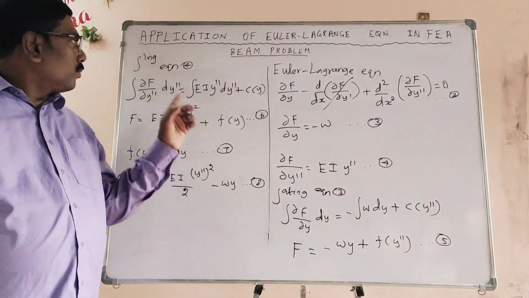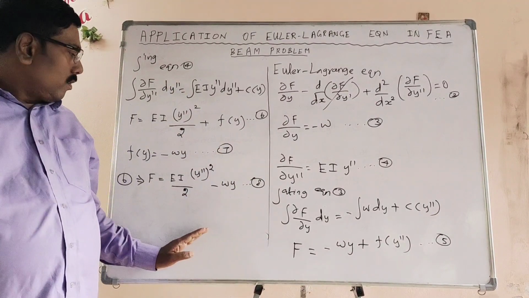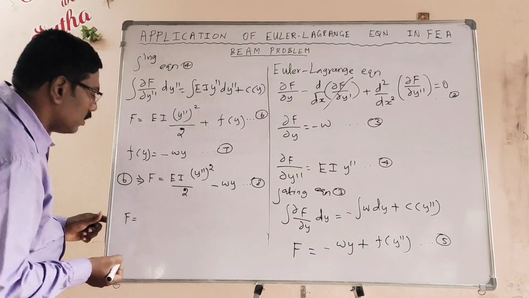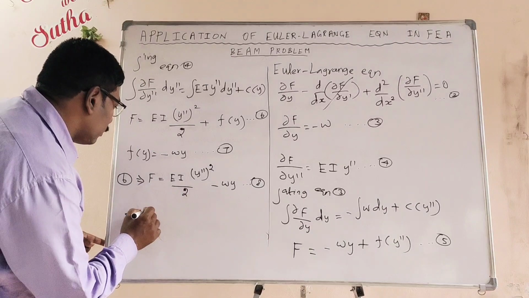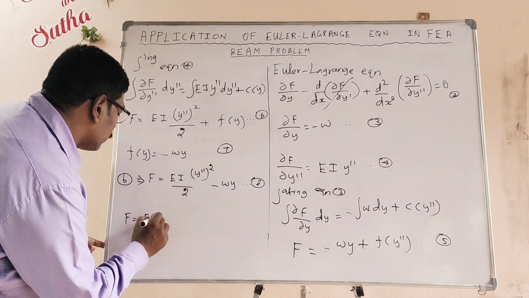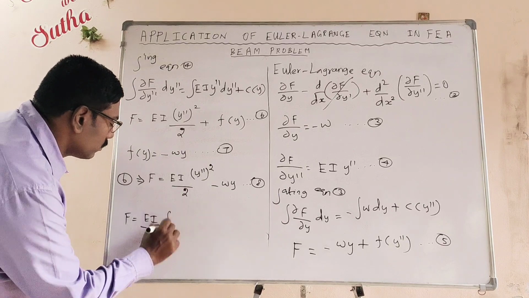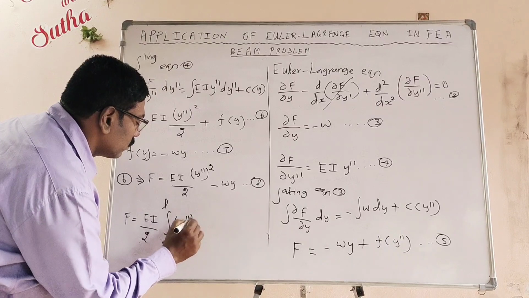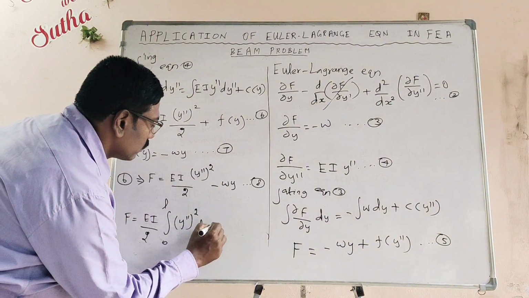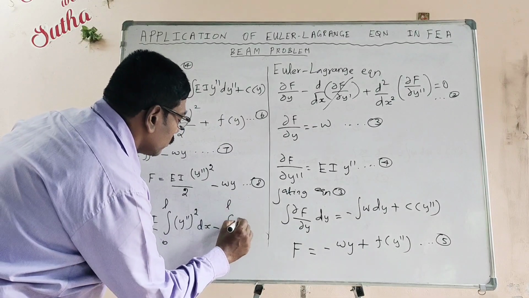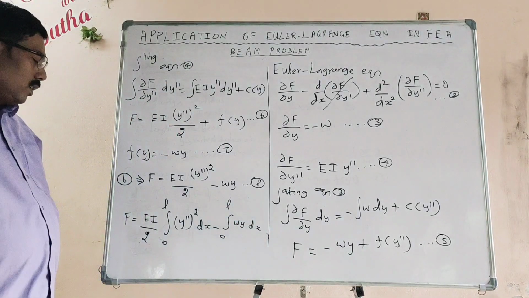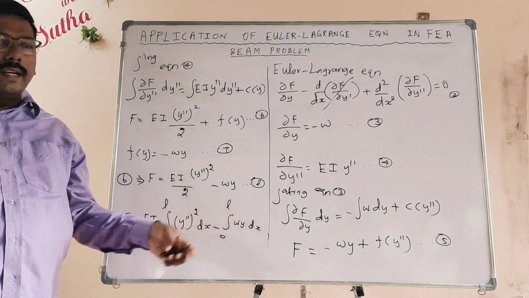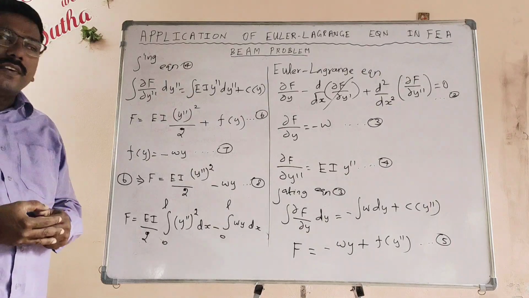So by applying the limit 0 to L, we get the functional as f equal to EI by 2 integral 0 to L y double dash square dx minus integral 0 to L Wy dx. So this is called the functional.